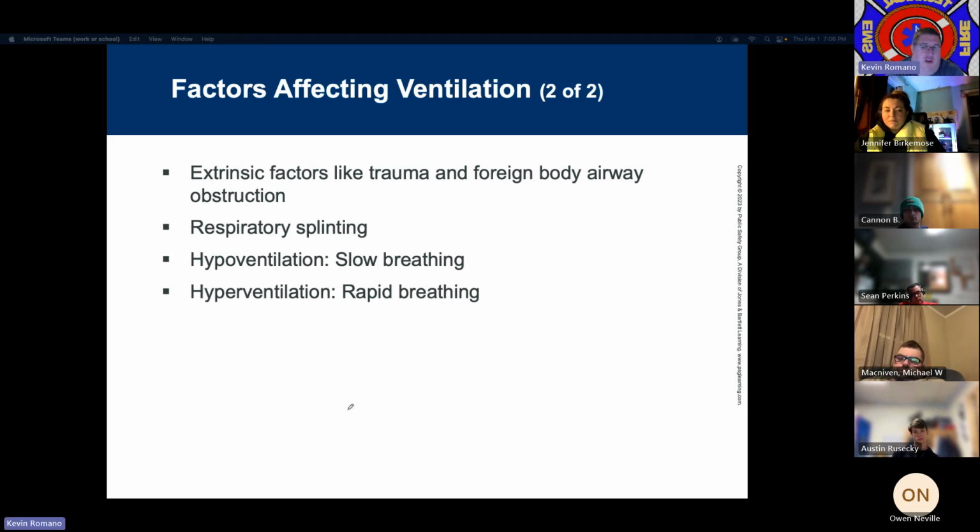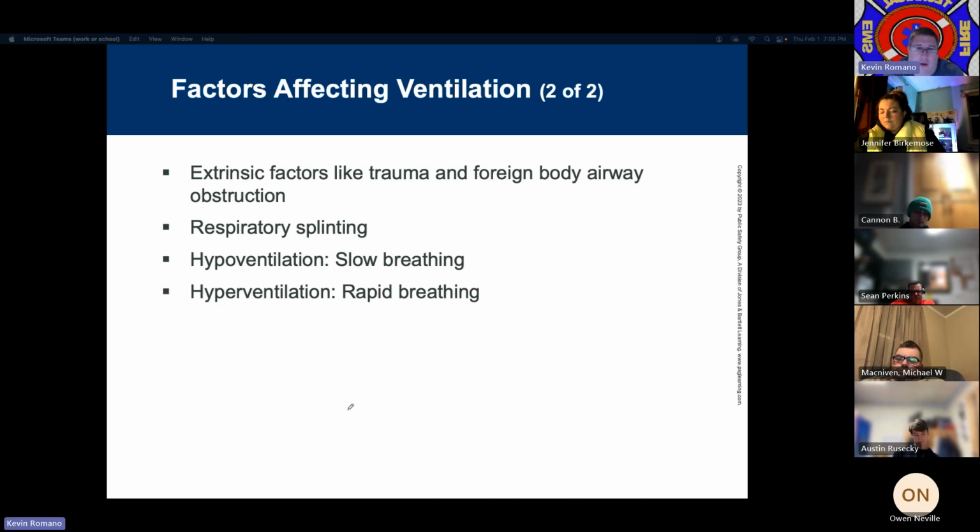So we're talking about hypoventilation, or slow breathing. Carbon dioxide production exceeds the body's ability to eliminate it, or carbon dioxide elimination is depressed to the extent that it no longer keeps up a normal metabolism. Okay, so slow respirations, it builds up, unable to eliminate, and then what happens?